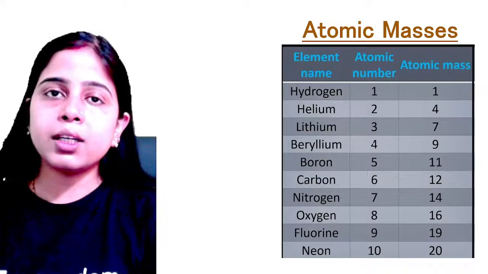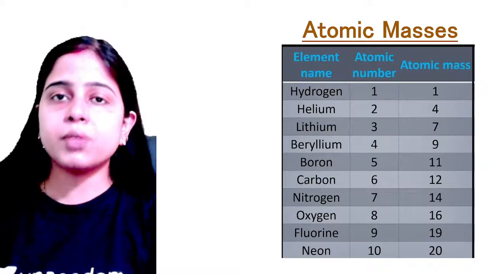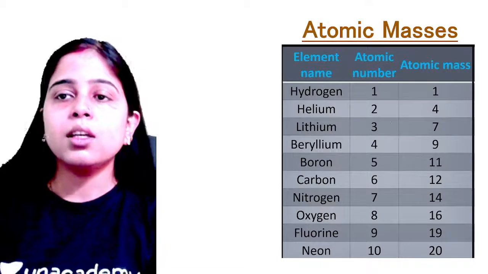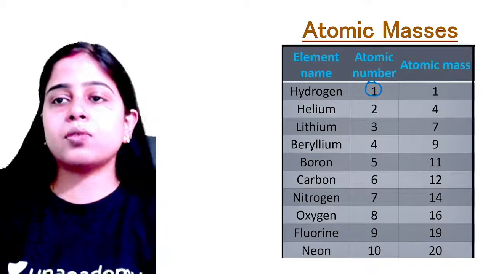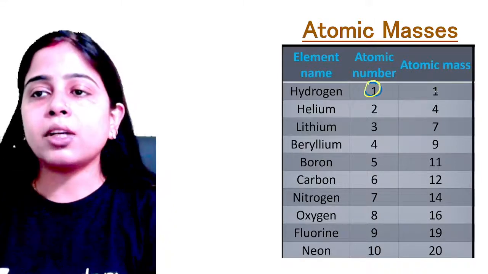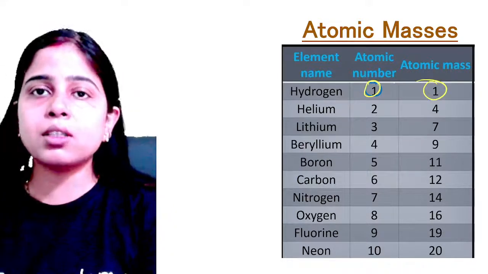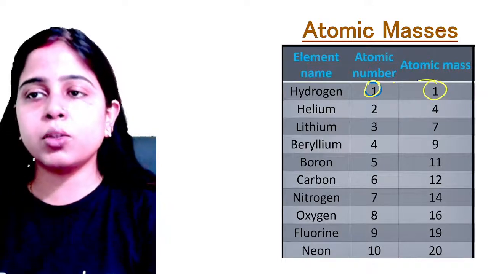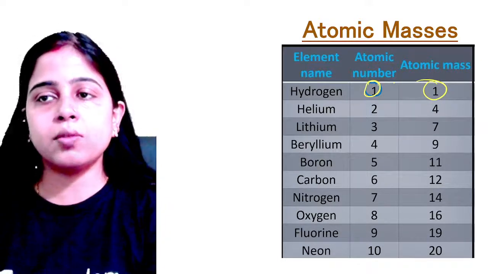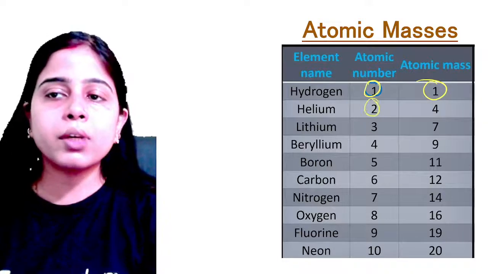It is not true for every case, it is just a general observation that I am telling you. For hydrogen, atomic number is 1 and atomic mass is also 1. Why? Because the most common form of hydrogen, that is protium, does not contain any neutrons, so its atomic mass is also 1. Now helium, you can see atomic number is 2.